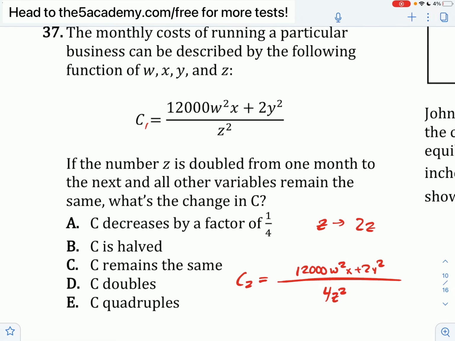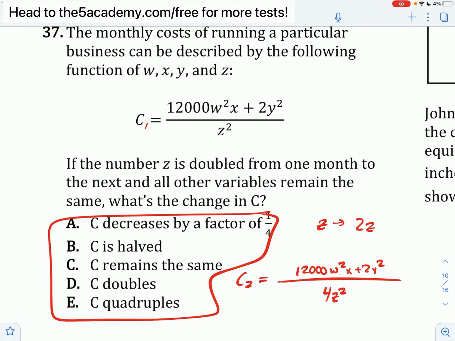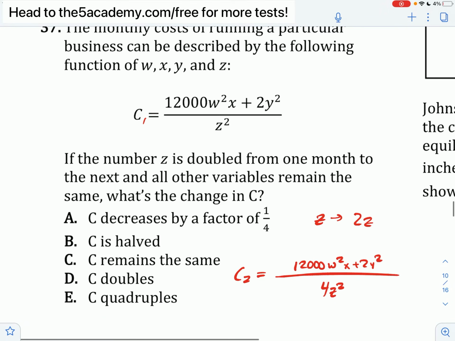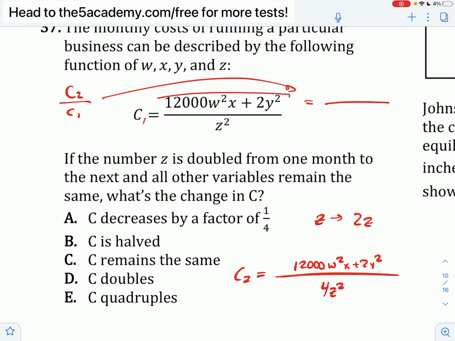And then to find the ratio, whether it's halved or quadrupled or doubled, I can divide c2 by c1. Since the numerators are the exact same, they'll just cancel out, okay?